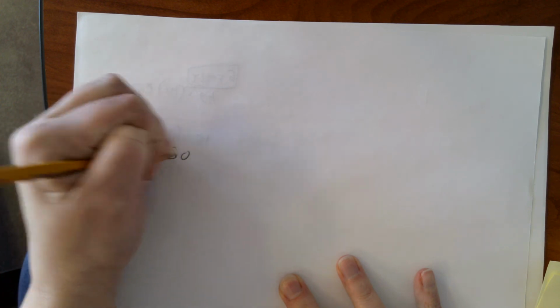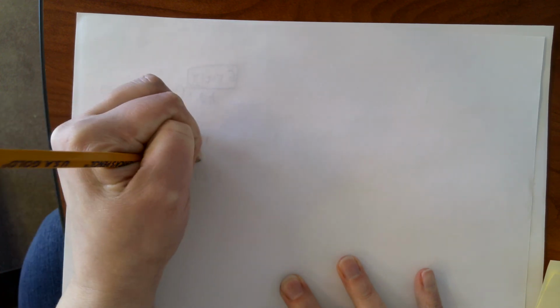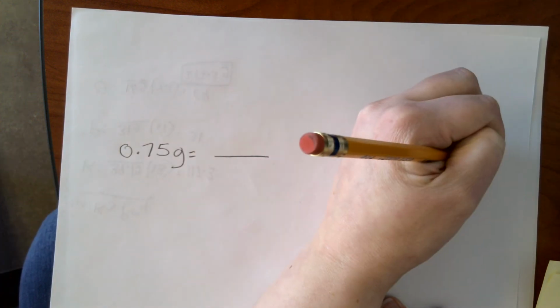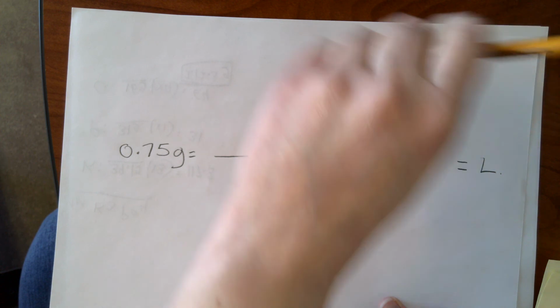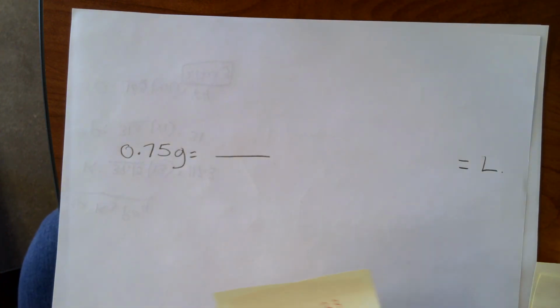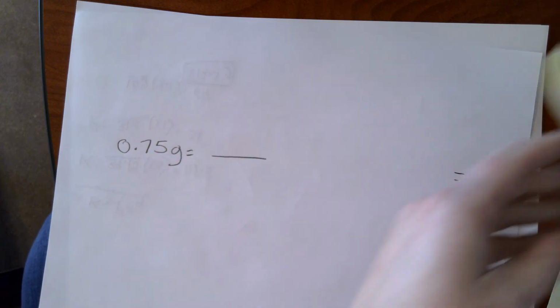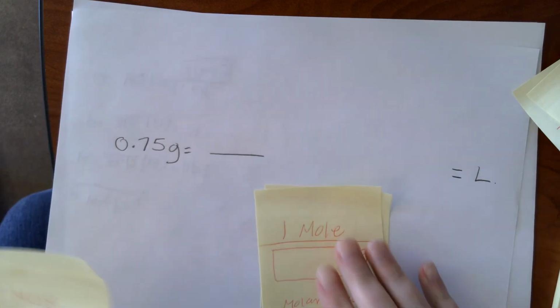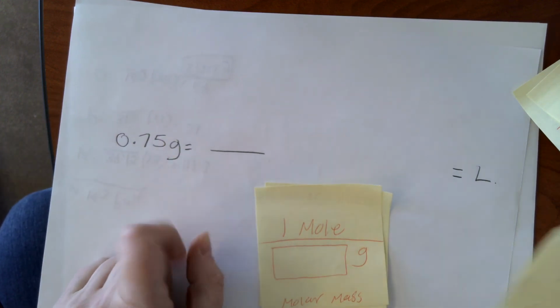For example, convert 0.75 grams and you need to get to liters at the end. So you figure out which ones you need. You don't need these because we're not going to molecules. We'll need these because we're going to liters. We'll need this one because we're talking about grams.